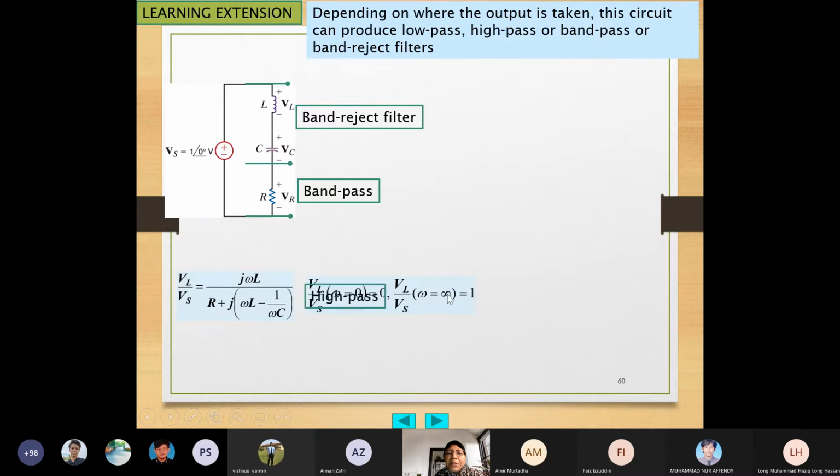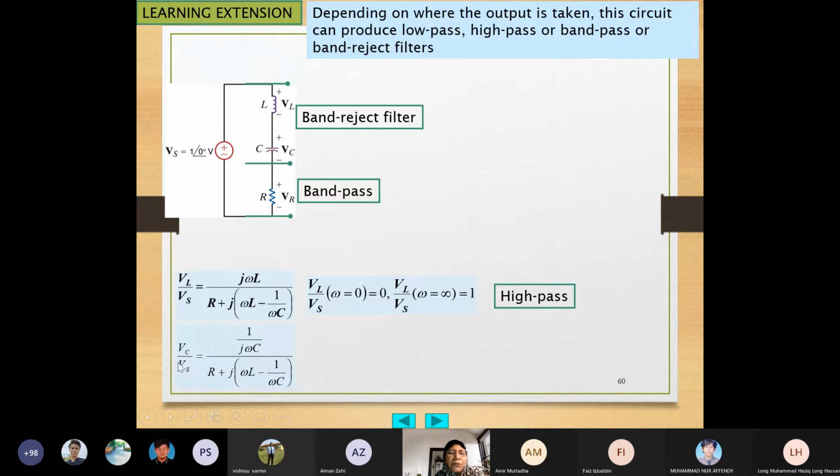So from here, it shows the high pass performance because anything above a certain value, so let's put if omega is not the infinity value, some value, anything above that value, you will have an output of 1, means the ratio will multiply with the magnitude of the output.